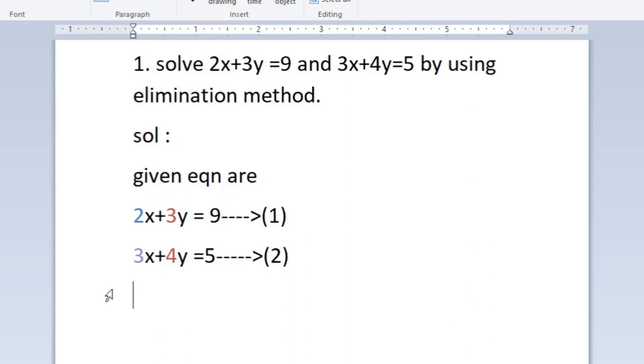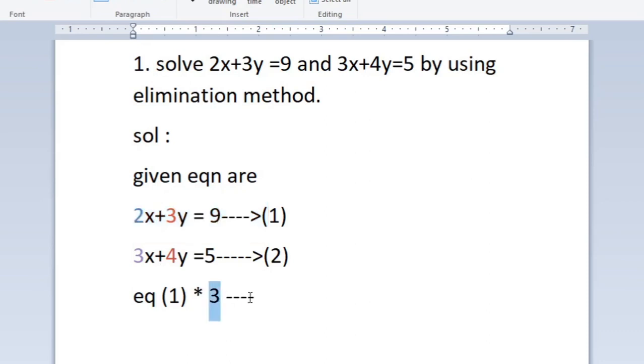Therefore, equation 1 is multiplied by the coefficient of x in second equation, that is 3. That implies you have to multiply each and every term by 3.